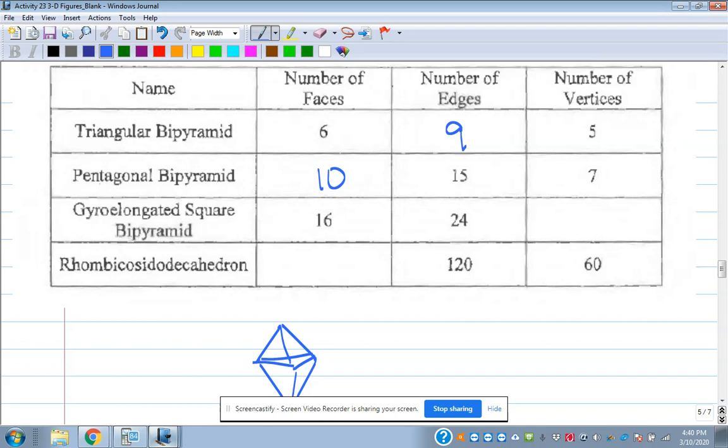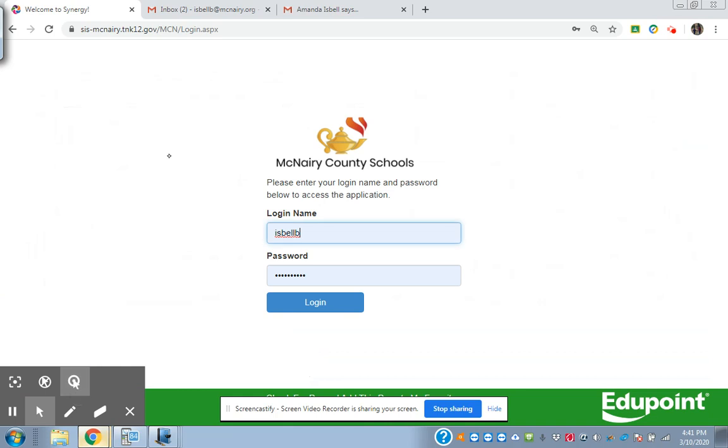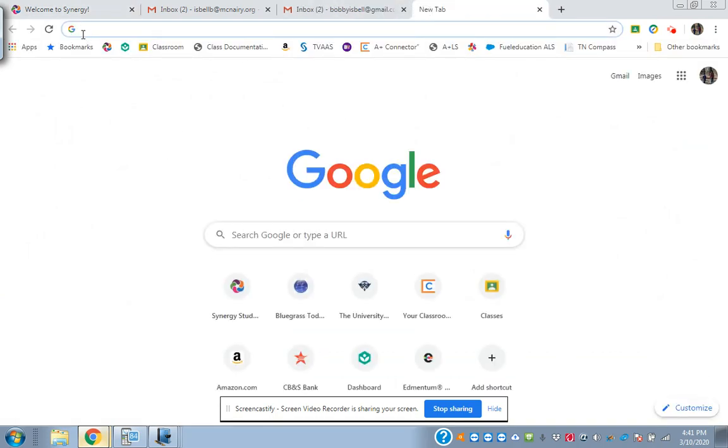So, all right, so we got kinda. The gyro elongated is what kicks it here. So 4 on the bottom, 4 on the top gets you 8, right? So there's got to be 8 somewhere else. How's that happen? So let's Google that real quick and see what that looks like.